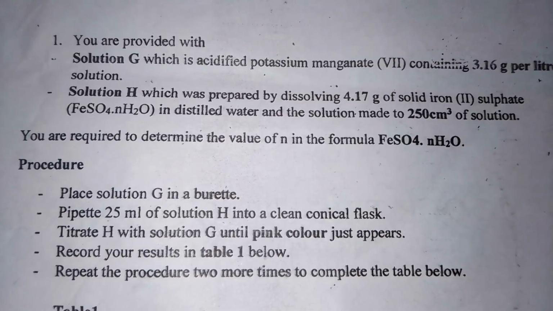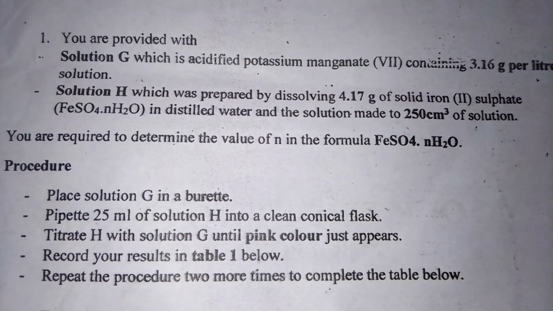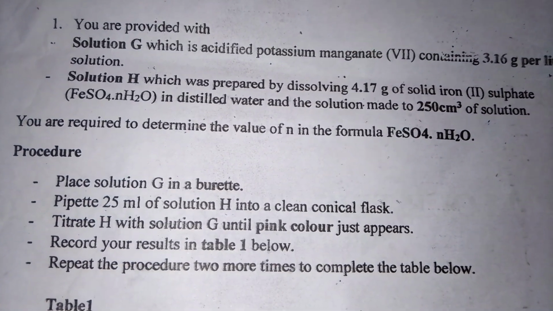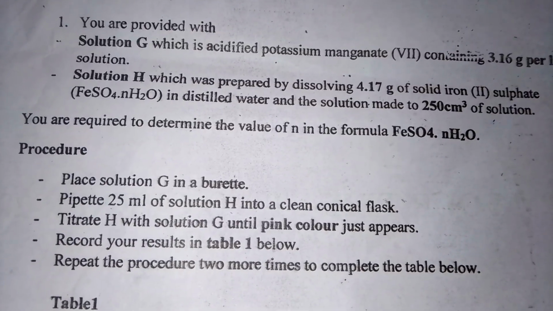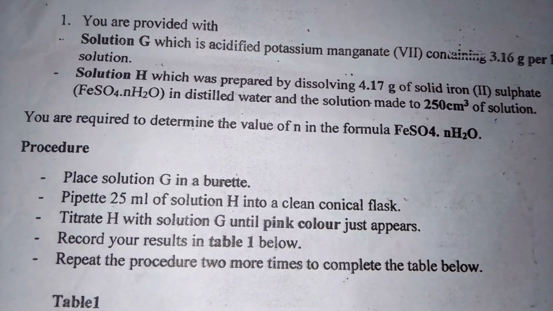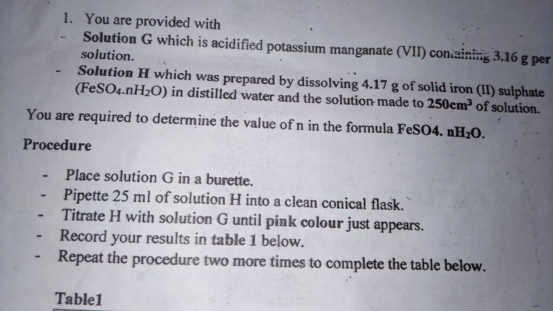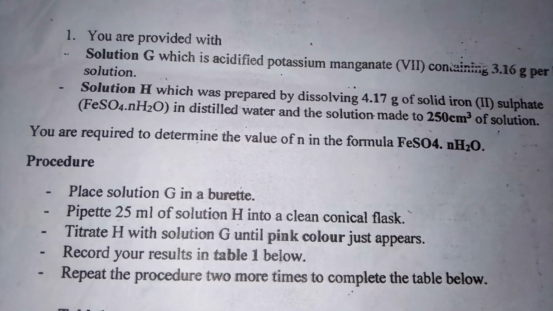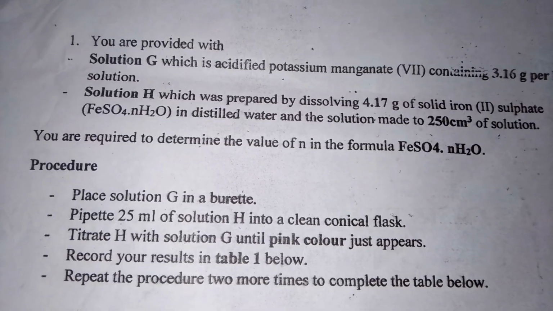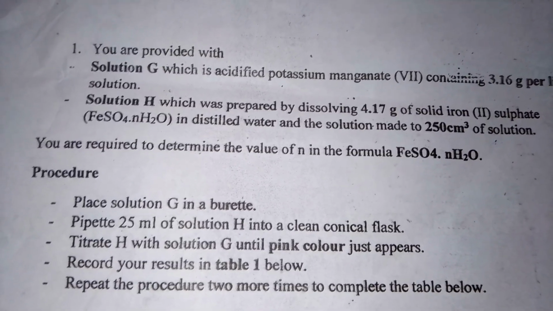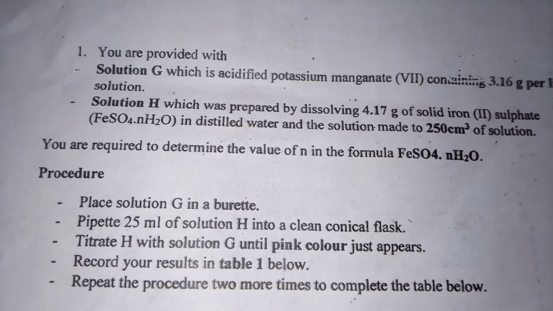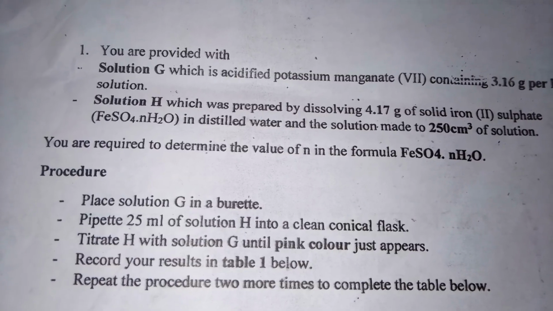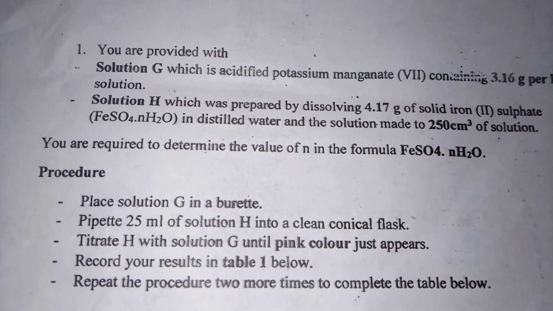Solution H is prepared by dissolving 1.47 grams of solid iron 2 sulfate, which has the formula FeSO4.nH2O, in distilled water, and the solution is made to 250 cm cubed. You are required to determine the value of n in the formula FeSO4.nH2O.